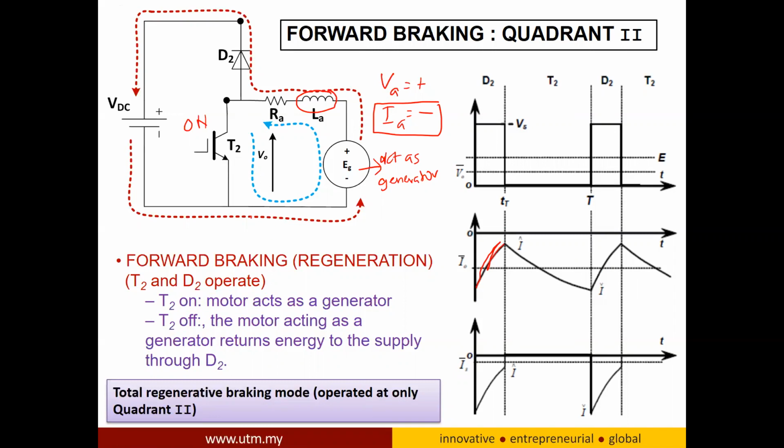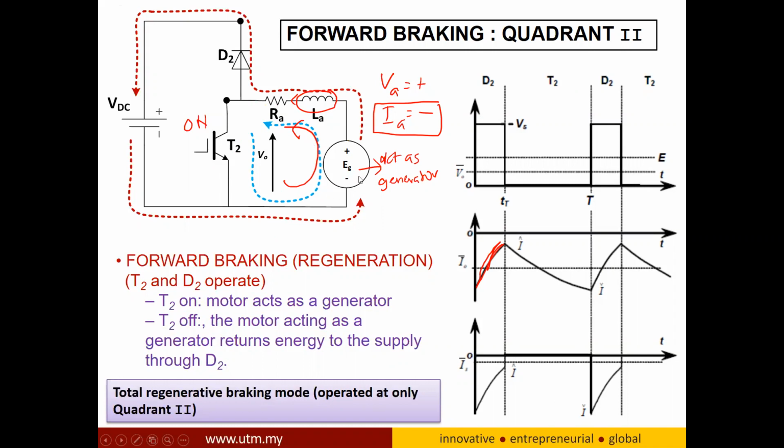You will see that this current direction is from the load to the source, so negative IA. Right now it is charging the inductor, so the current will increase. To discharge this inductor, transistor T2 must be turned off and D2 will be forward biased.